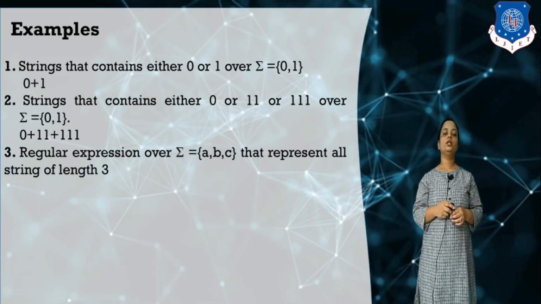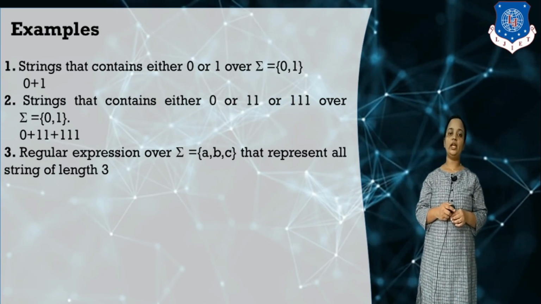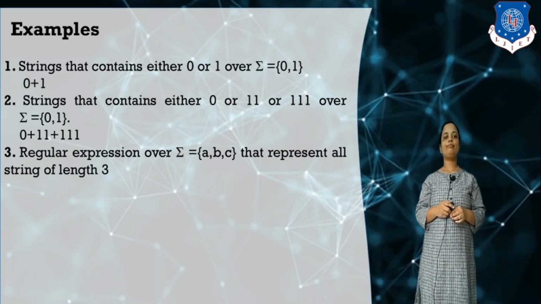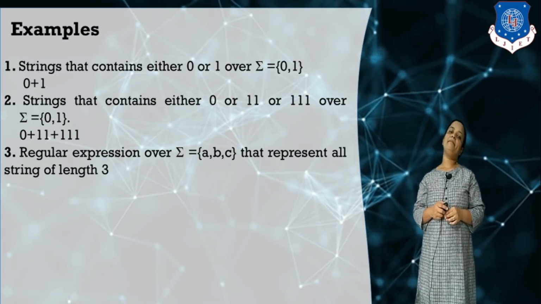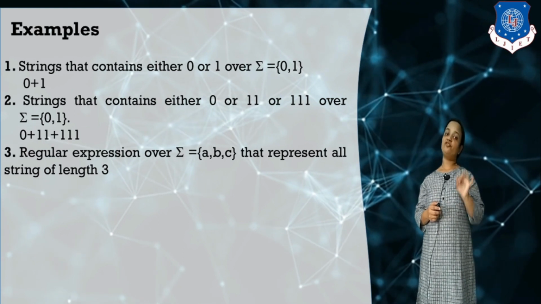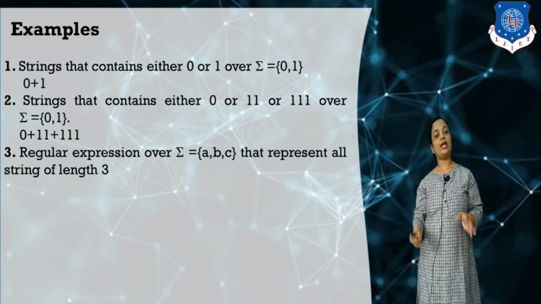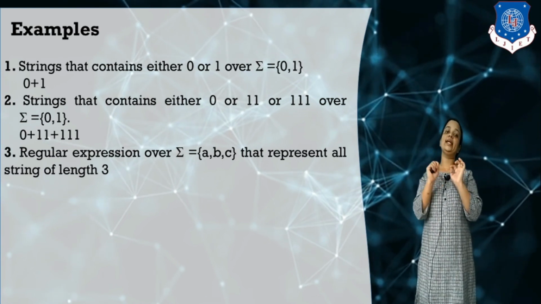The regular expression we have to write over the alphabet a comma b comma c represents all the strings of length 3. What does it mean? This language contains the strings whose length is exactly 3, not less than, not greater than, but exactly length 3.